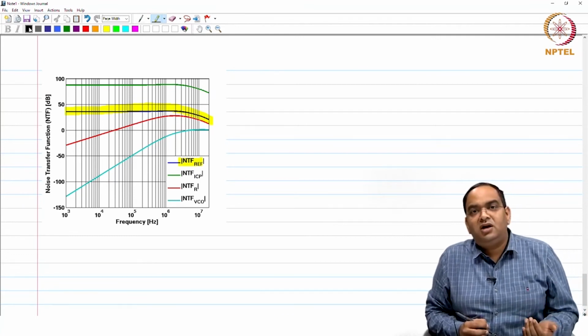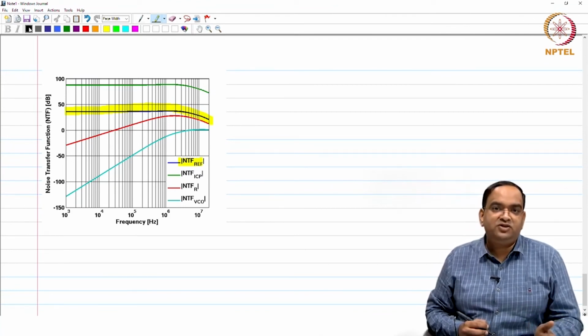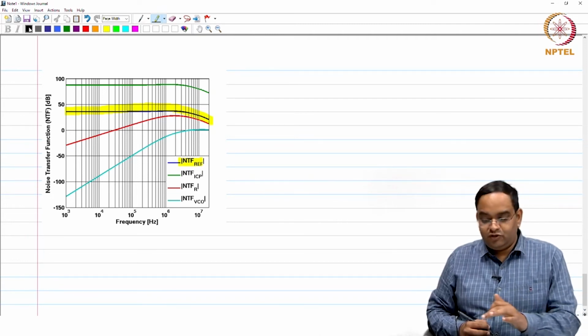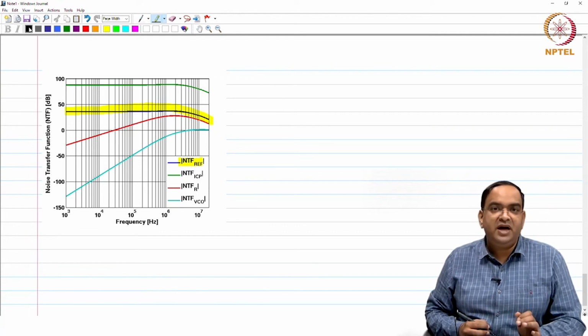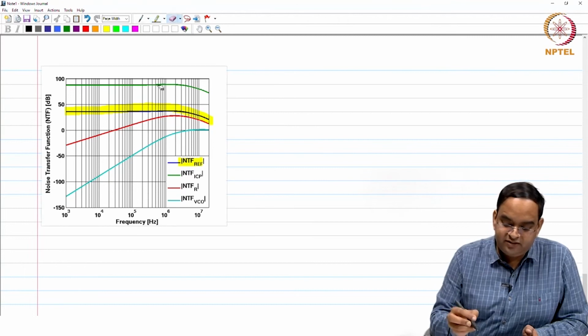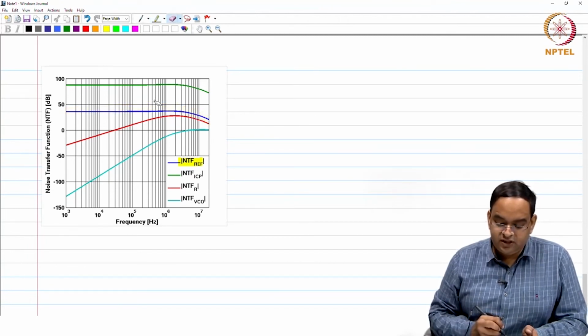If you recall our discussion in the previous session, our continuous time or S domain analysis, the way we are doing is valid only for frequency contents which are for bandwidth which are lesser than f ref by 10, and it is a sampled system, sampled at f ref. So, we are showing only the plots till f ref by 2. Okay. So, till f ref by 2, what you see here is it is a low pass transfer function.